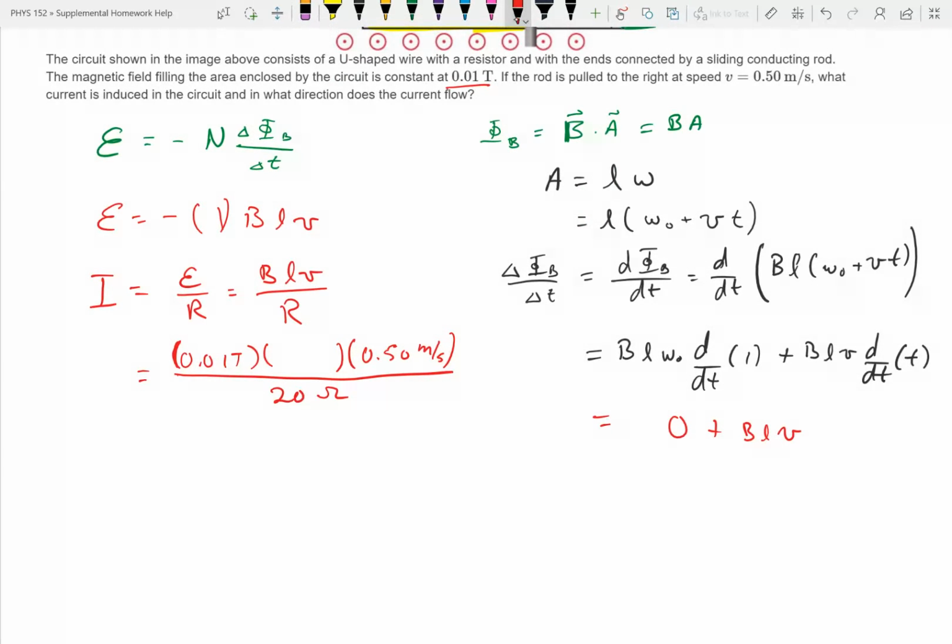So what we're going to have is 0.5 times 0.01 is 0.005 divided by 20. Do you want me to calculate that? Sure. Okay, so we have 4.25 times 10 to the negative 4th.